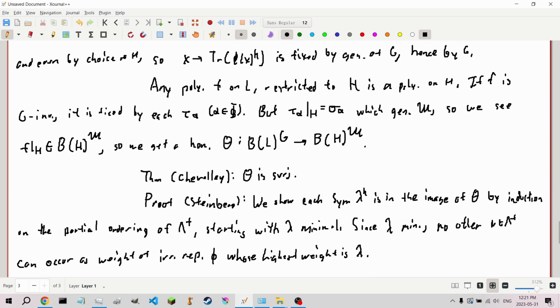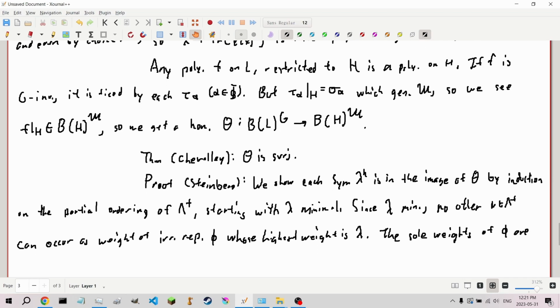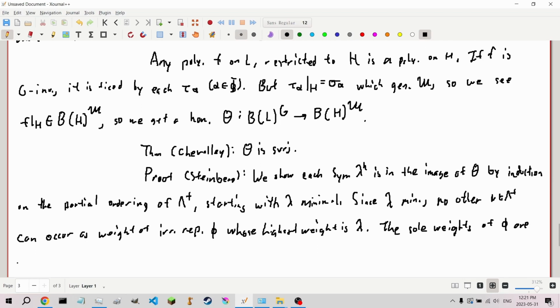And by previous theorems, we see that the sole weights of phi are the Weyl conjugates of lambda, each of multiplicity 1.